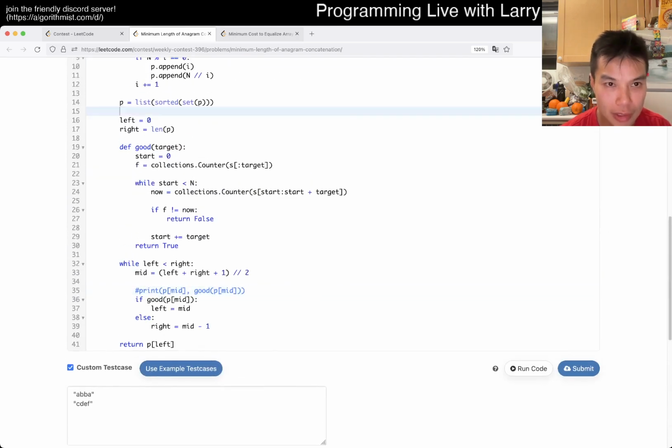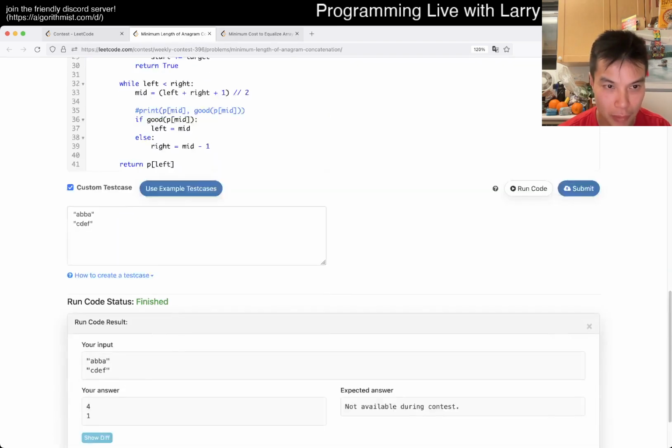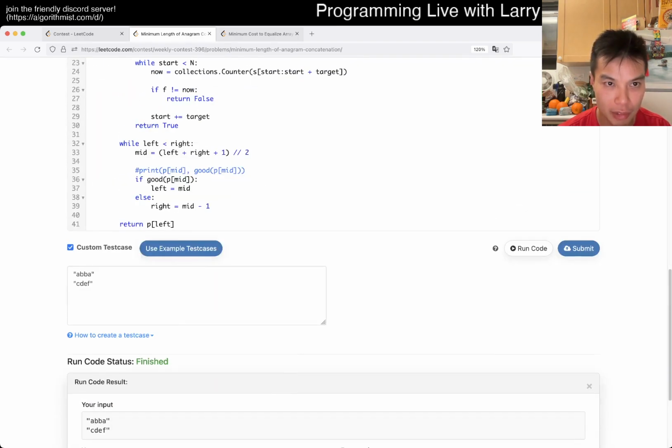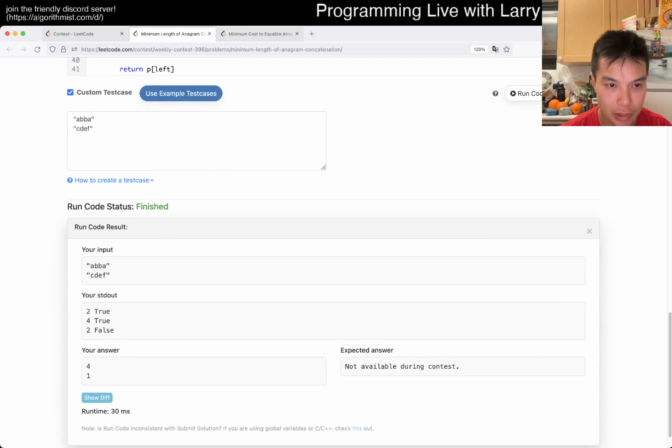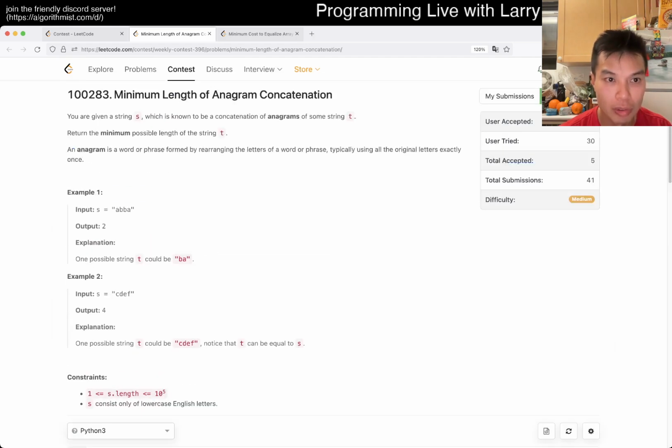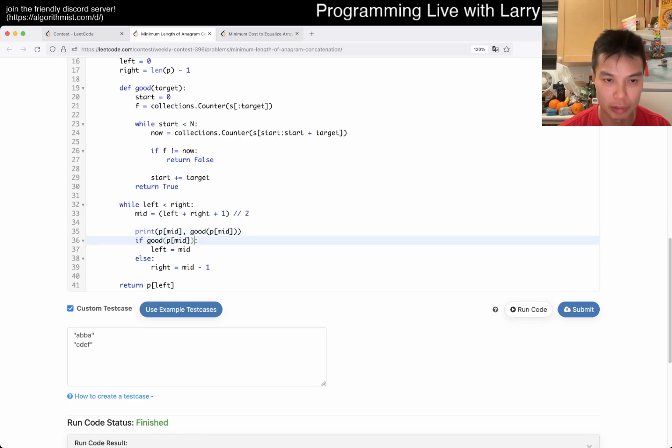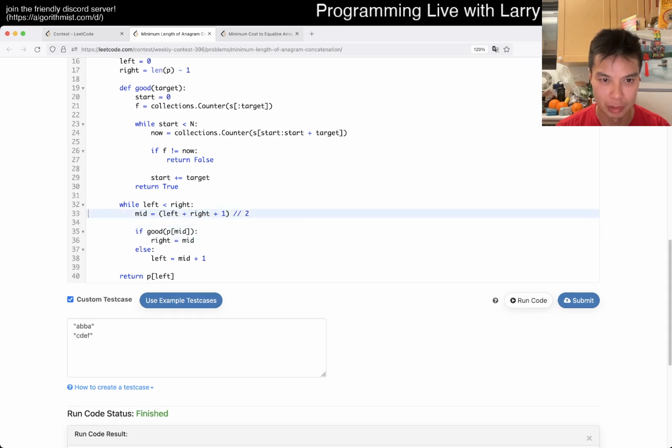Am I doing this wrong? I am silly boy. That's not right. Why is it not right? 2 is true. Oh, minimum. So if this is good, we actually want it to be smaller. If this is not good, then we will try a bigger one. That makes more sense. What am I doing?